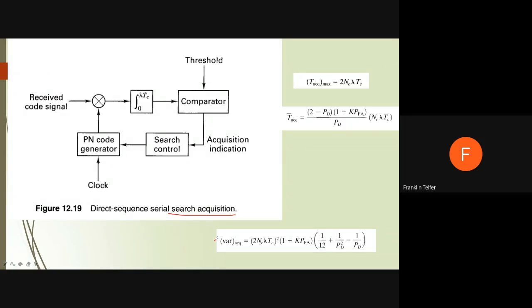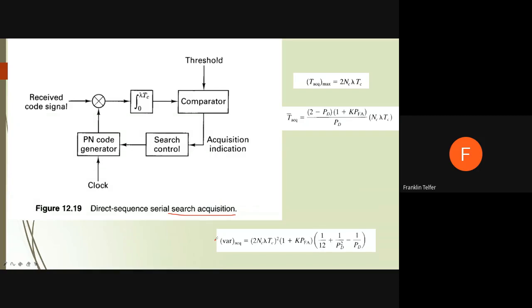So if the output, lambda Tc, which is the output, when compared with the preset threshold value, is below the value, then the phase of the locally generated code signal is incremented by a fraction, one half of a chip.